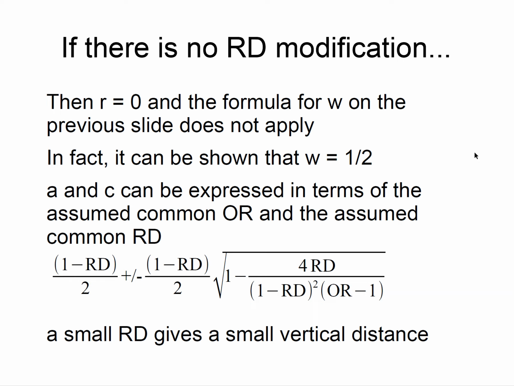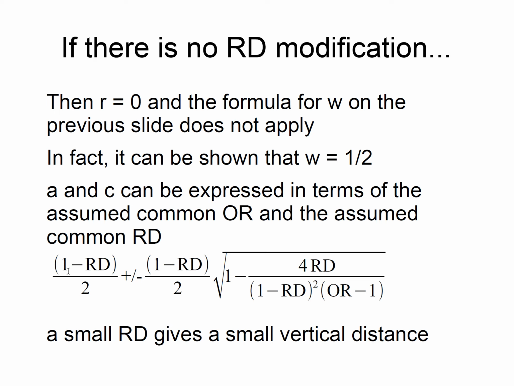So if there's no risk difference modification and no odds ratio modification, we get this interesting relationship between the probabilities for those in strata 0.